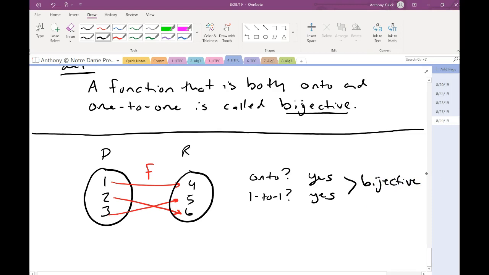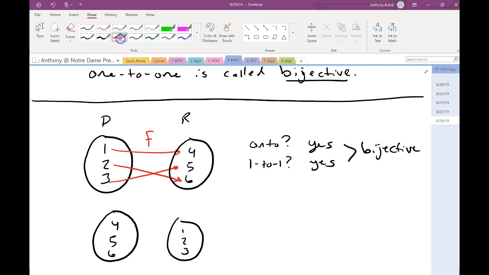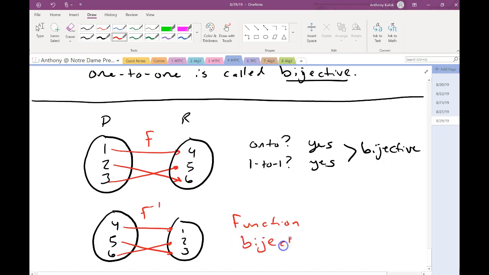Right? We noticed that when we found the inverse for this, this is a function. In addition, what kind of function is it? This is also bijective, right? If you notice, it's also one-to-one and onto. Okay?